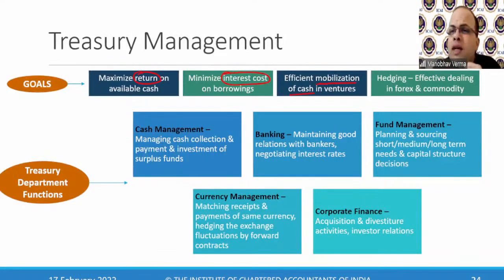Now, another important aspect of the Treasury Department is risk coverage. These days, most of the corporates are dealing in cross-country or global operations, and when that happens, you may end up incurring a loss due to foreign currency fluctuations.